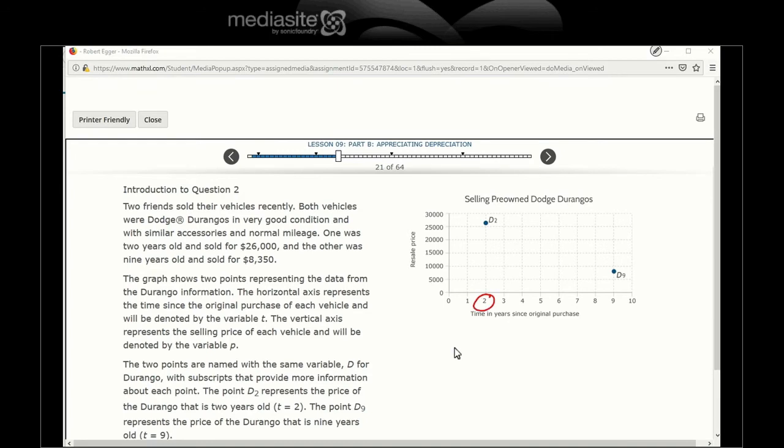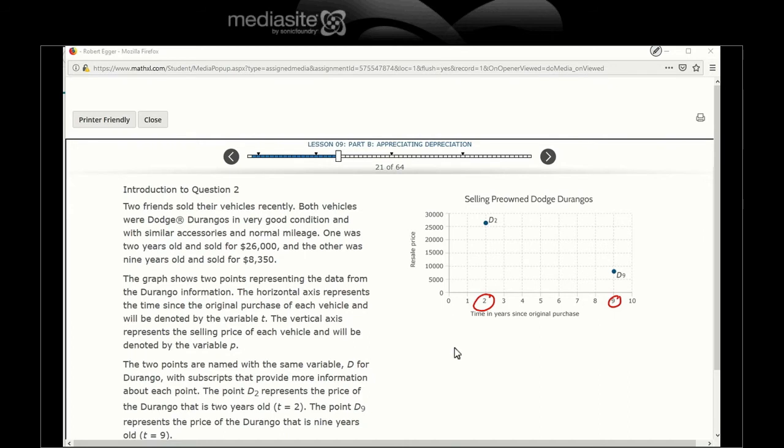And the other was 9 years old and sold for $8,350. The graph shows 2 points representing data from the Durango information. The horizontal axis represents the time since the original purchase of each vehicle, denoted by variable t. The vertical axis represents selling price, denoted by variable p.